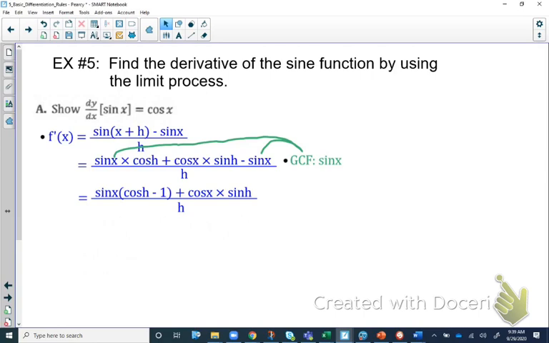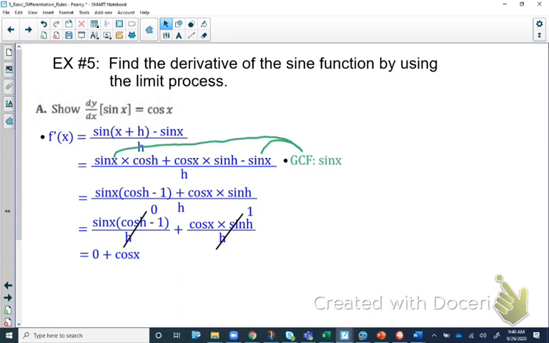Okay. Now, continuing from here, we're going to split it up into two separate fractions because h is a common denominator. And at this point, we're going to recognize that now we can start utilizing some of our special trig limits. On the left side of the problem, cosine of h minus 1 over h, that's the special trig limit for cosine where it simplifies to be 0.